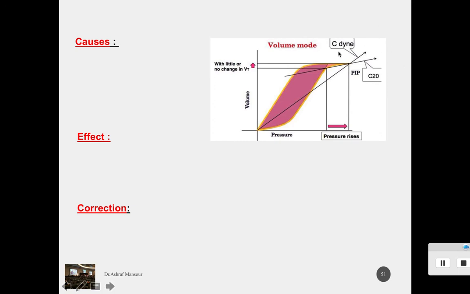Instead of getting the pressure which we need, we are increasing more pressure which gives no more benefit in the tidal volume. So there is over expansion.